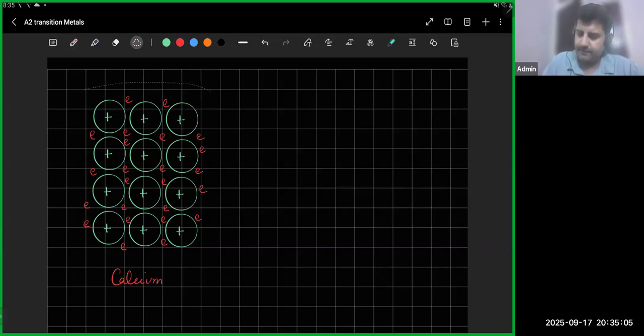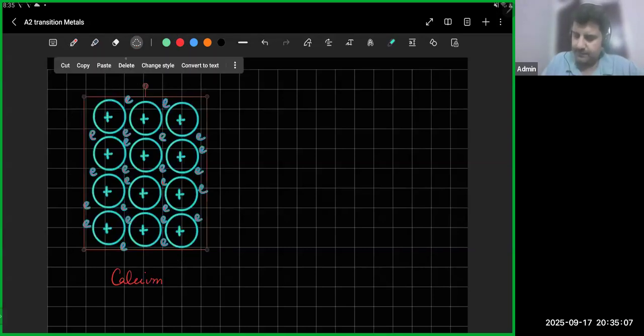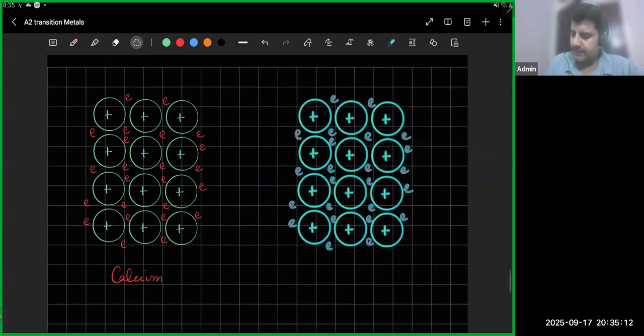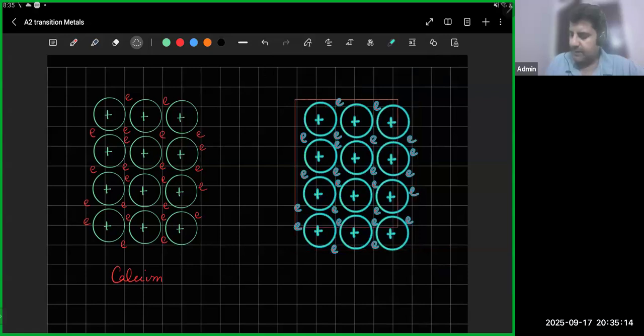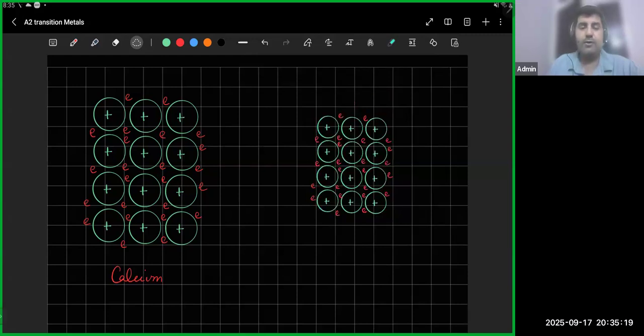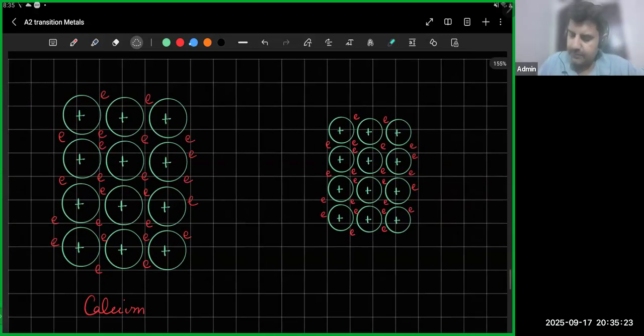Iron, on the other hand, same exact structure, except much smaller size. Okay, because of the 26 protons, there's going to be more attraction. So the lattice is going to be more tightly packed. There'll be smaller ionic radii, and there are going to be a lot more delocalized electrons. Because iron can lose electrons from the outer 4s, but at the same time, it is capable of losing more electrons from the inner 3d as well.